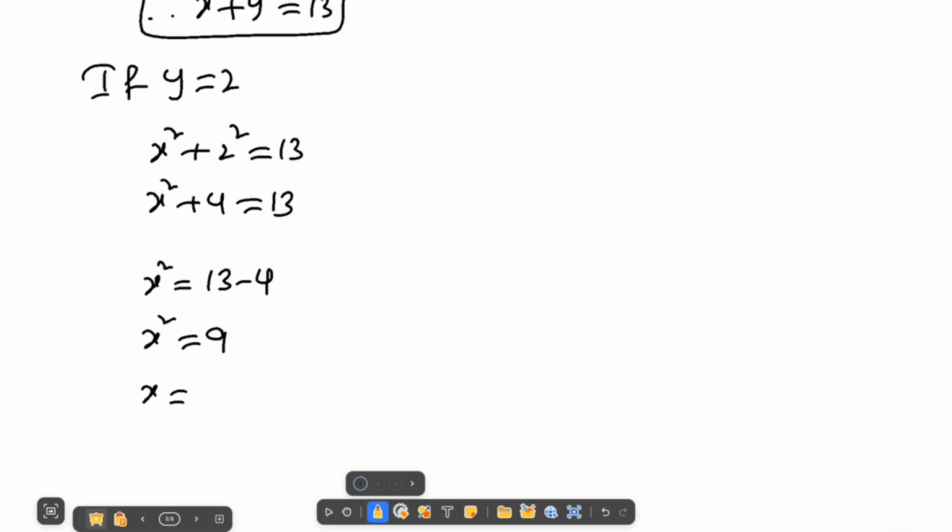So x is equal to the root of 9. Therefore the x value will be plus or minus 3. So these are the possible values of x. This is the solution for the given question.